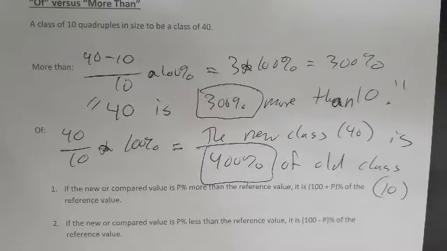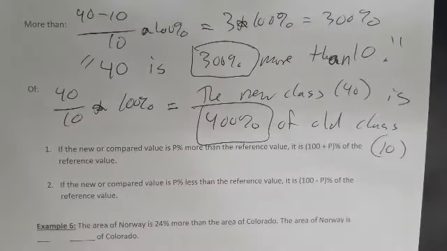If it goes down, the new comparator value is p% of the reference value, which is 100 plus p of the reference value. If it goes down, like in the previous problem, we had it going down with the Xbox. Let's bring that back up.